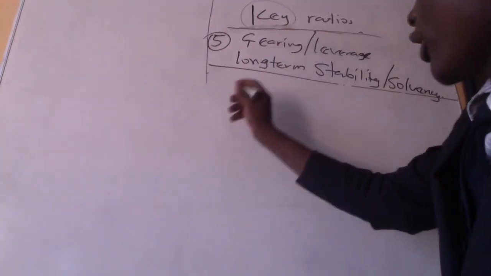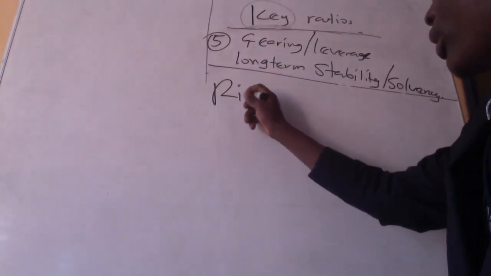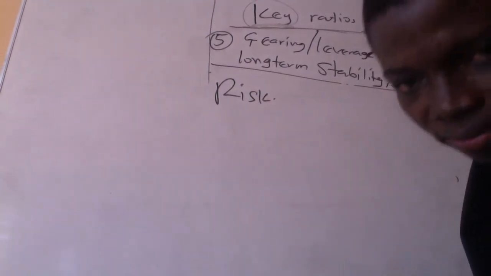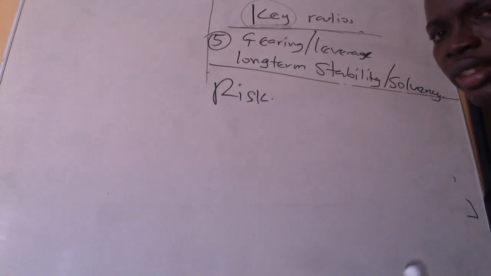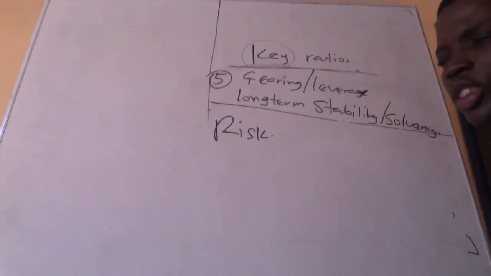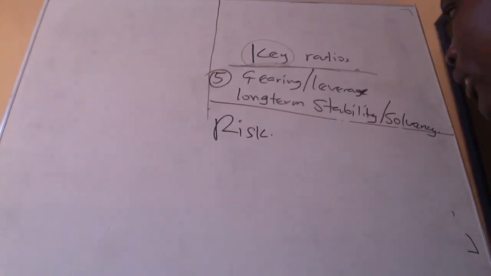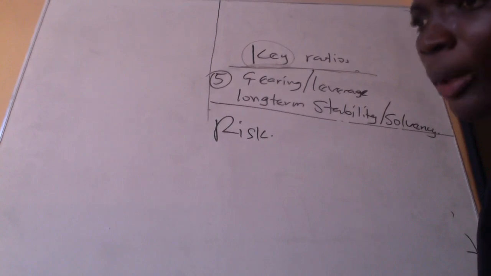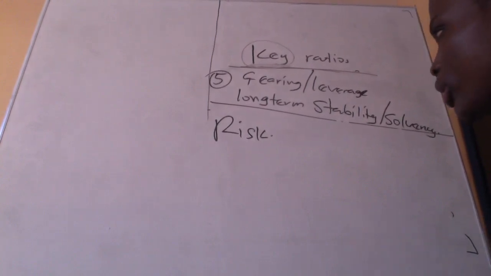Now, gearing measures the long-term risks facing the organization, especially the financial risks, the risks associated with debt. So the risks are the default risks or the bankruptcy risks.